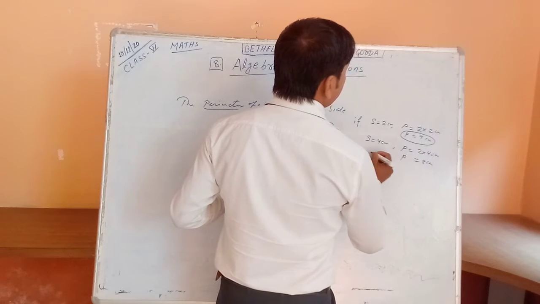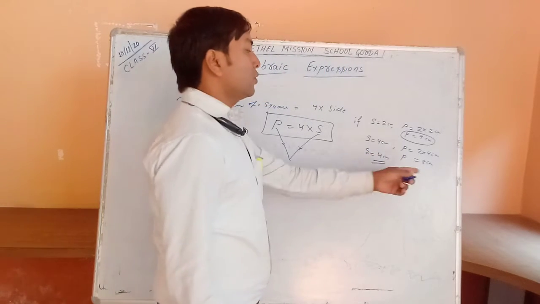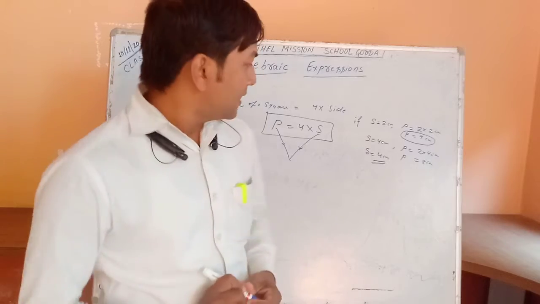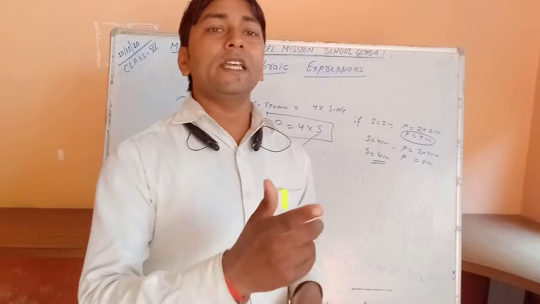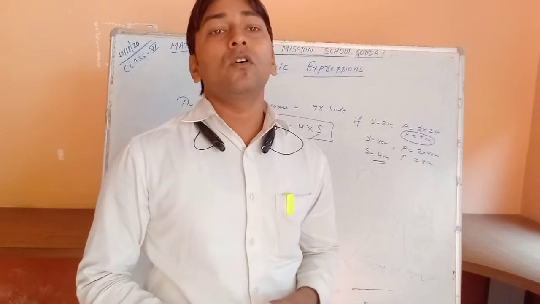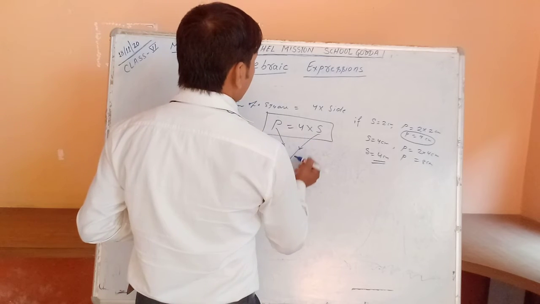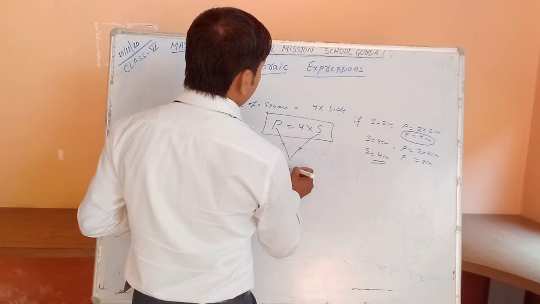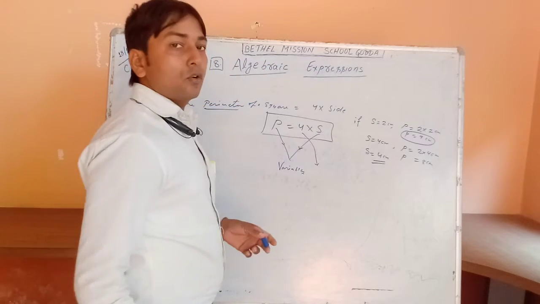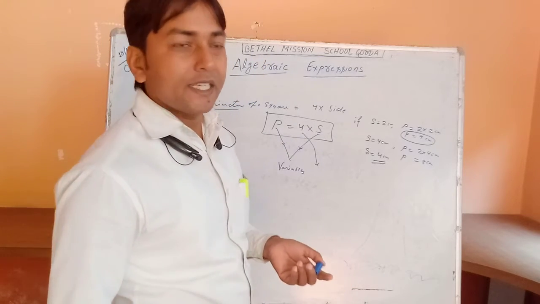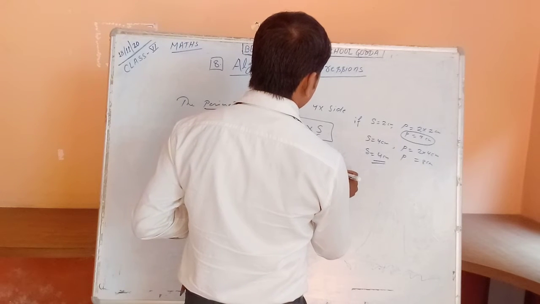It means if S changes, P also changes. So these vary, and what varies is called variables. These two are called variables, and 4 is constant. It never changes, so it is called constant.